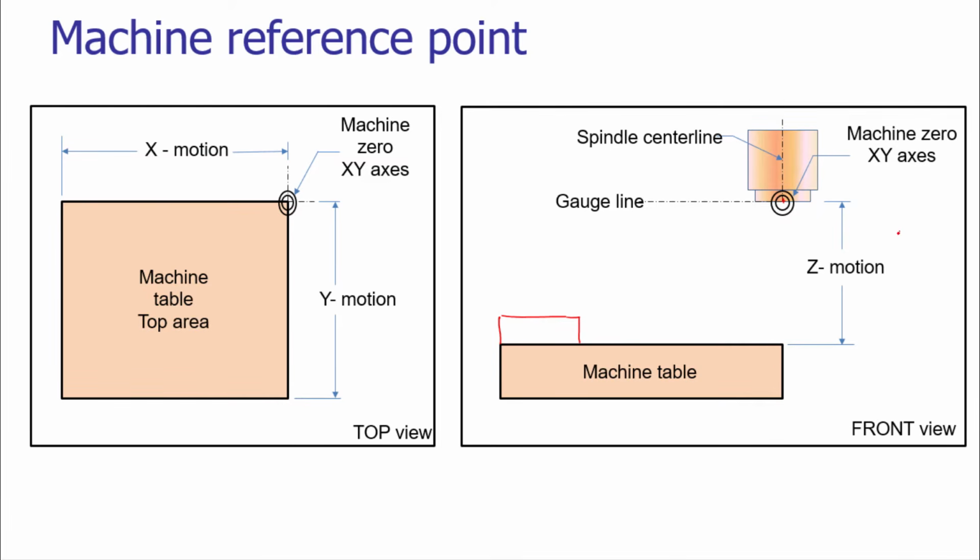So this is the positive z direction. This is positive x direction, and here it is the positive y direction. So at the end of the ranges of positive x, y and z, the machine zero axis is being set.